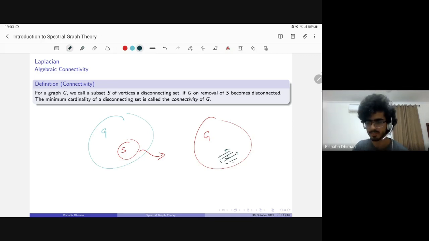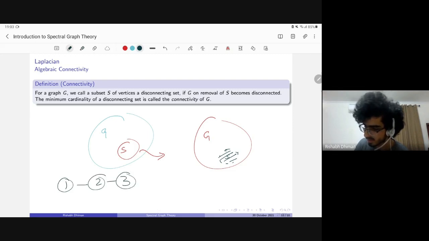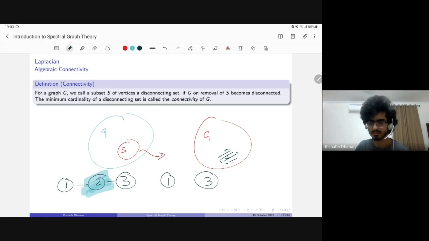Now, if this graph becomes disconnected, you will call S a disconnecting set. So, for example, you have this graph 1, 2, 3. Then 2 is a disconnecting set because once you remove 2, 1 and 3 are not connected anymore.